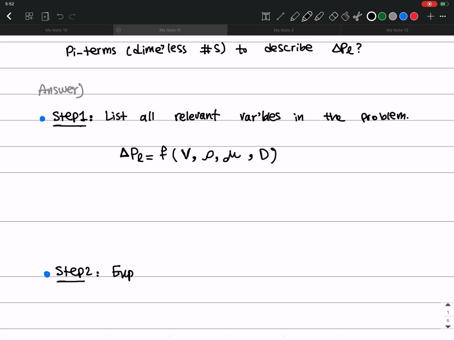So the second step is to express each of them in terms of basic dimensions M, L, T, right?